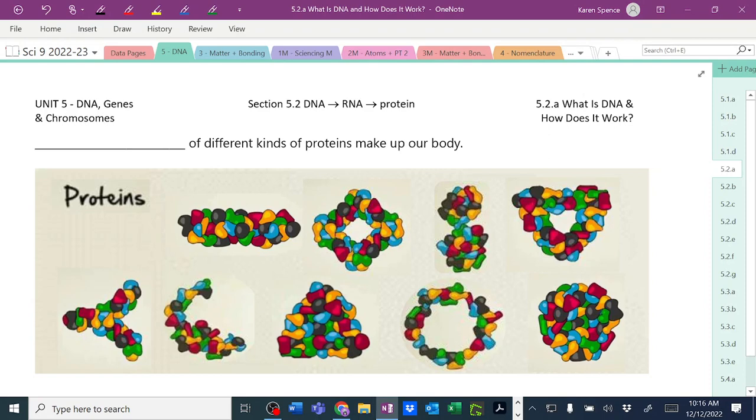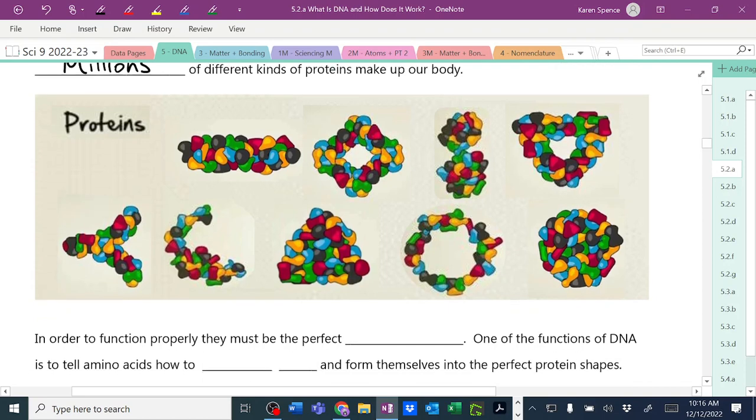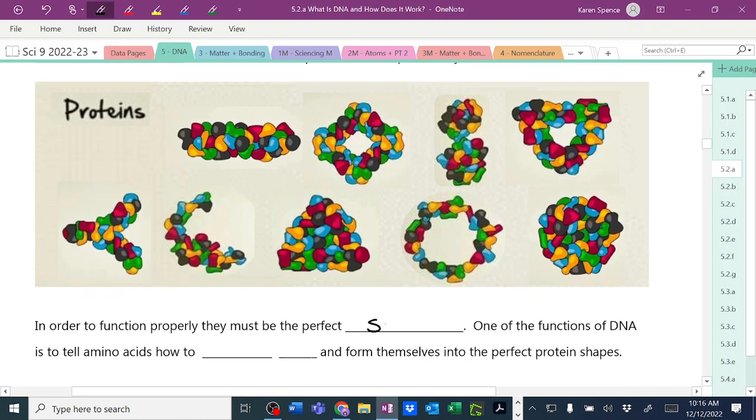Now, there were 20 types of amino acid, but because you can combine them in so many different ways, there are how many different kinds of proteins? Millions of different kinds of proteins that make up our body. And so we have some little pictures here just to say, look, here's some various shapes you could have. In order to function properly, they must be the perfect shape.